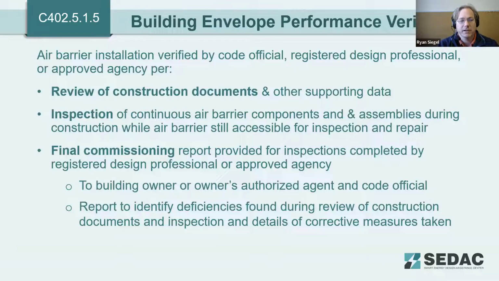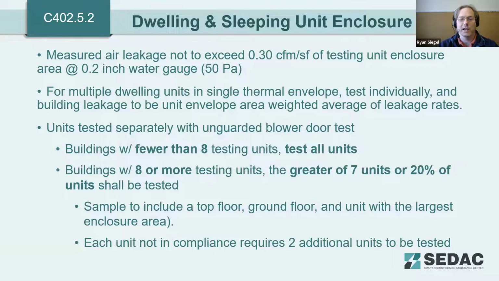Also part of this verification is that there should be inspections as you're going through to make sure that those details are correct. And then your final commissioning, which is your testing, your blower door testing. You definitely want to inspect as you go along, rather than end up failing your test and then having to go back and try to find where the leaks occurred. That can be a real challenge.